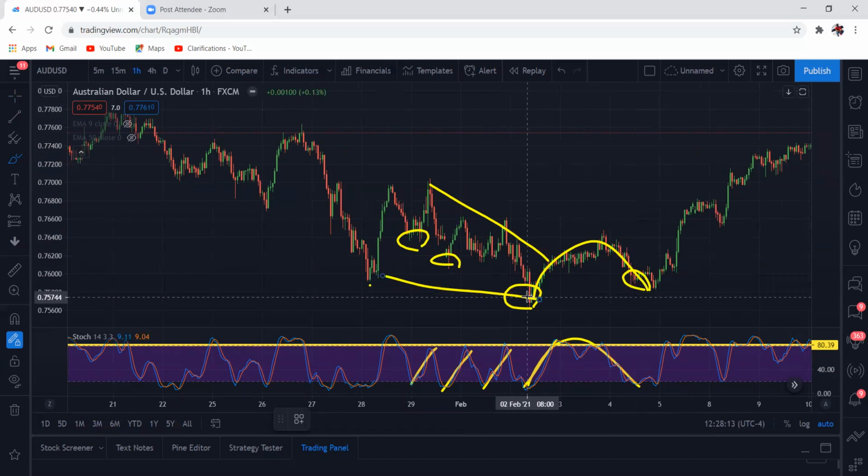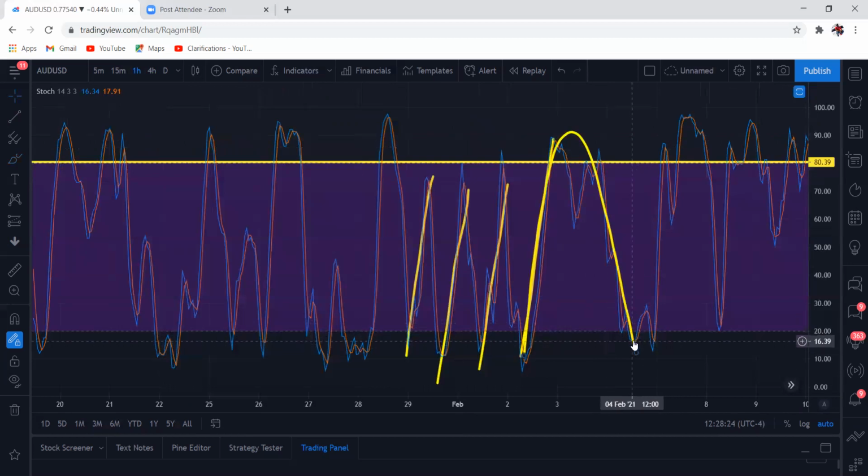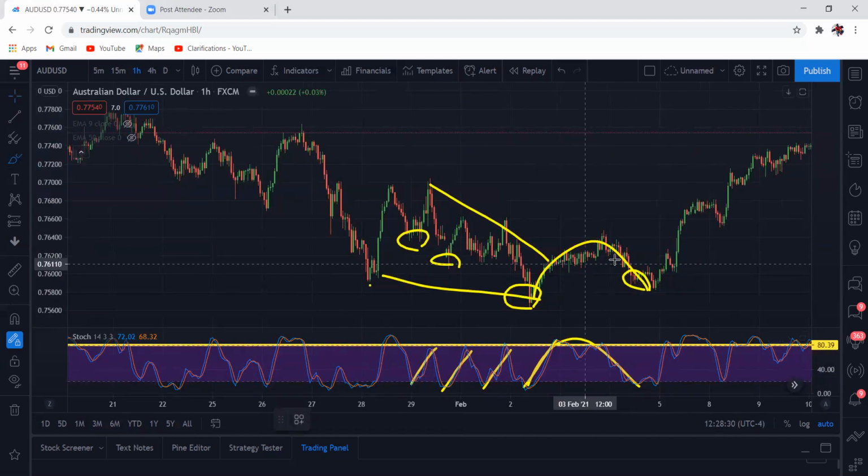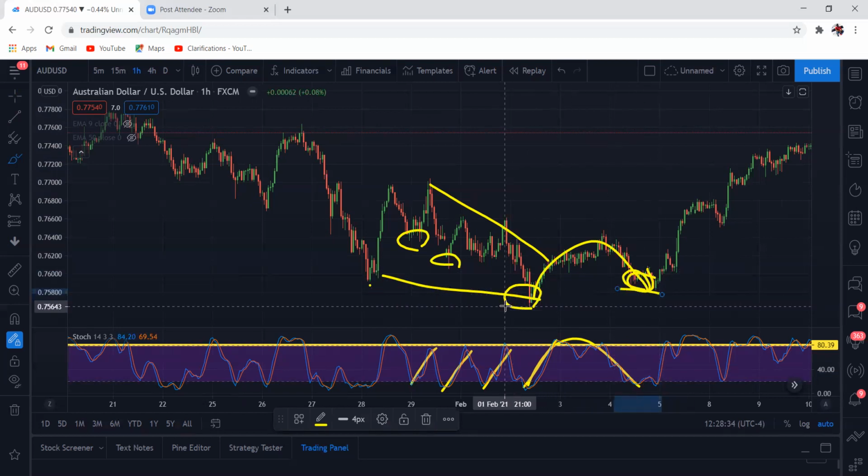Once I see this is no longer lower than the previous low, all I'm waiting for is that signal crossover. And then, boom, wait for the blue, basically the K, to cross over the D, and then I'm in for my buy. So I will enter here, and place your stop loss below, or you can go below the previous low.